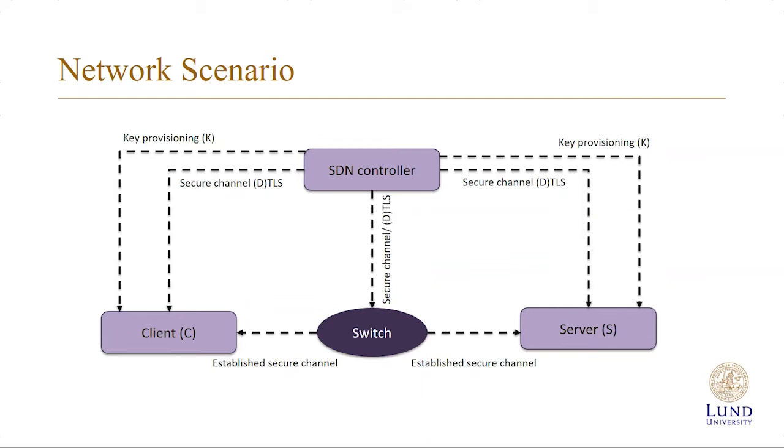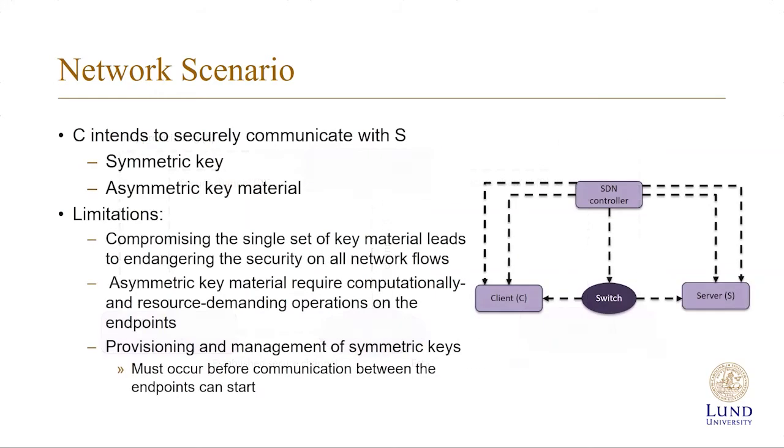Our assumption is that the network controller established at deployment time three secure channels based on TLS or DTLS with the endpoints, the client, the server, and the switch. Here you can see these secure channels in this figure.